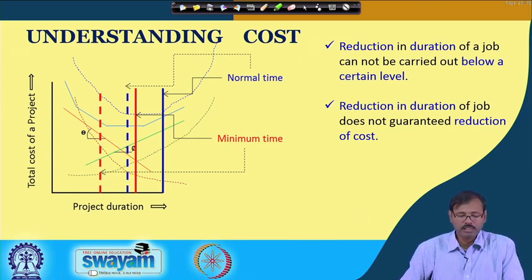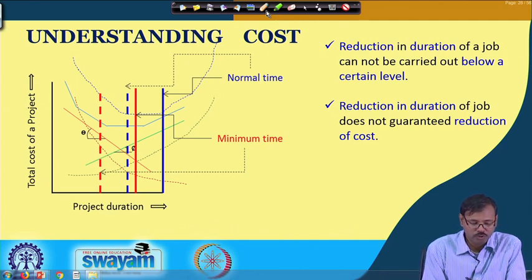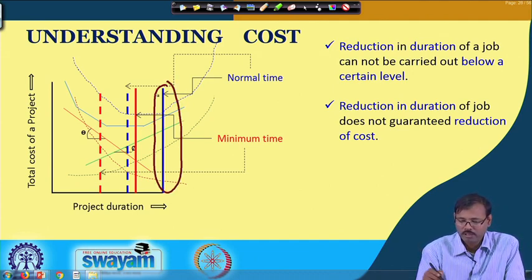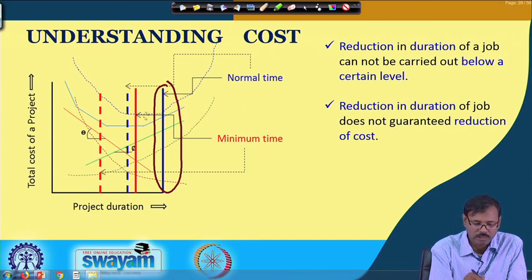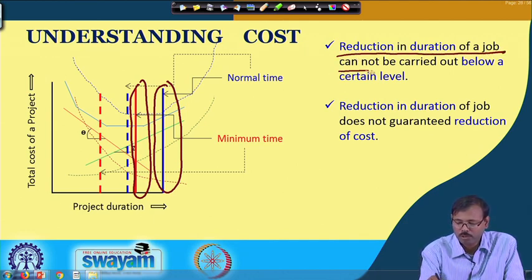Now, let us place it on this total cost curve. If we consider the normal time and if we consider the minimum time, the reduction in duration of a job cannot be carried out below a certain level.